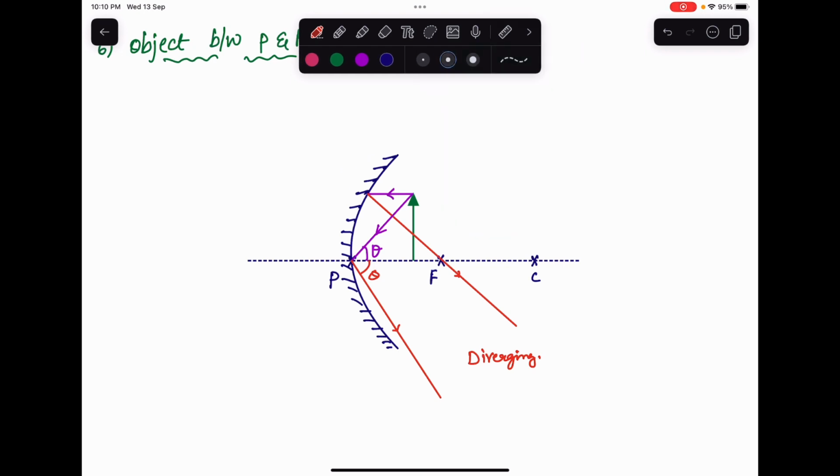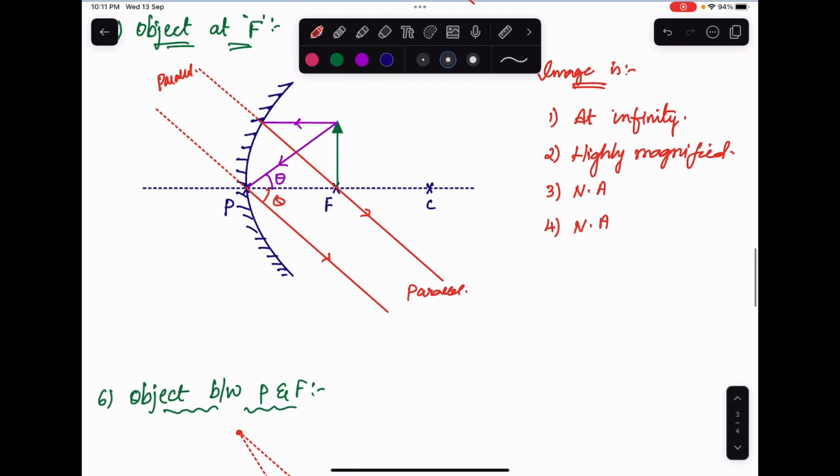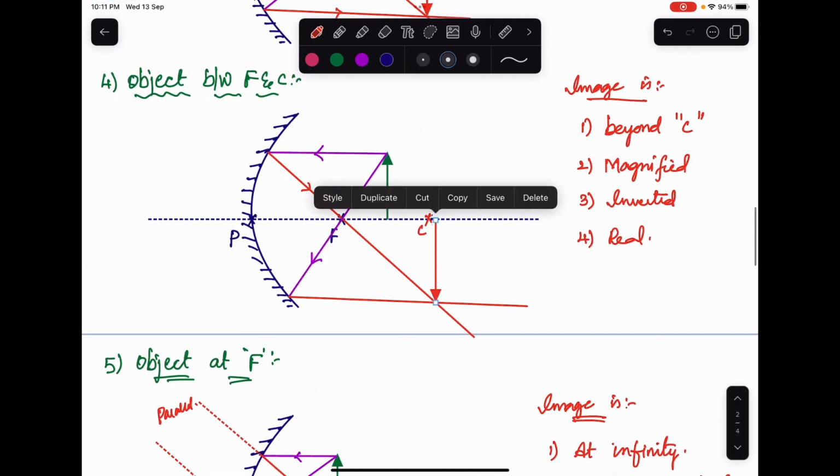If I extend this reflected ray back, it is going to be in this way, and similarly I extend this one also behind. You can see that the extended reflected rays are meeting at this point, yes or no? See over here. So this is the location of your image, I can say straight away. So let us take the image.